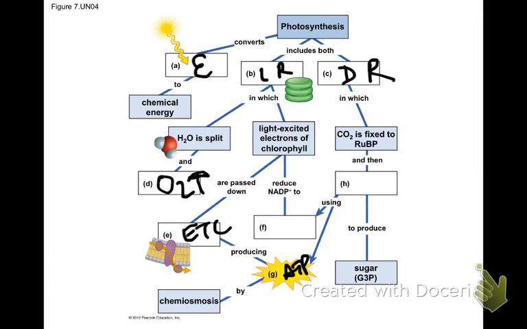They also reduce NADP to NADPH. Okay, and carbon dioxide is fixed to RuBP molecule, which is the 5-carbon molecule, and the NADPH is used to form G3P.